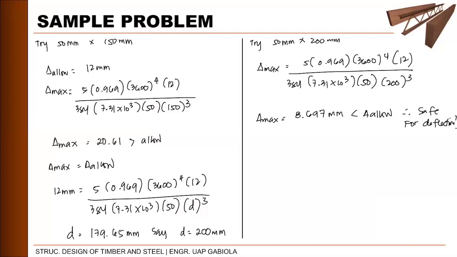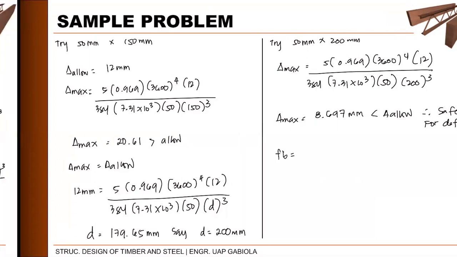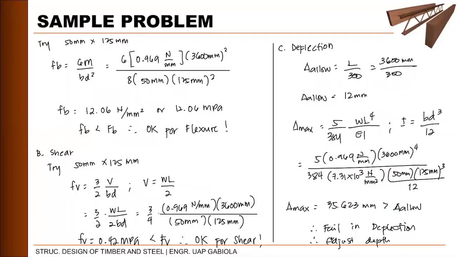Ngayon, mangyayari dun sa ano natin, dun sa shear and sa flexure. So you have to verify also. Okay? So, pag chinek mo yung sa shear, sa flexure, okay? So copy na lang natin yung portion na to. Then gagawin lang natin, value ng D natin is 200, no?